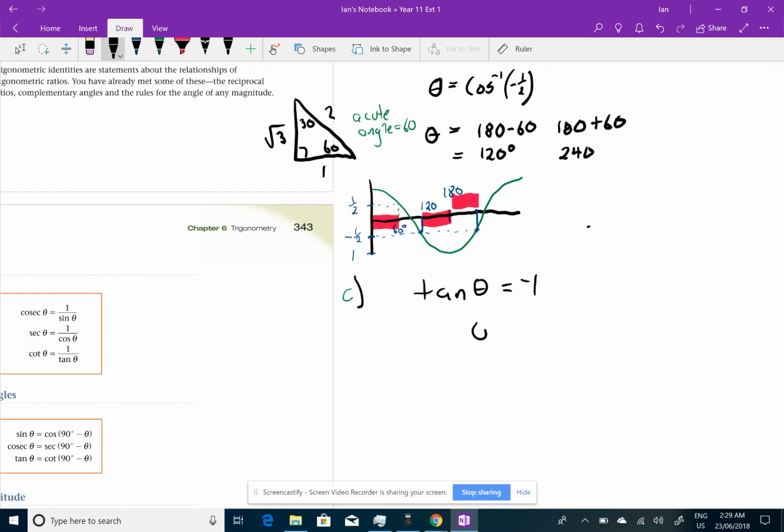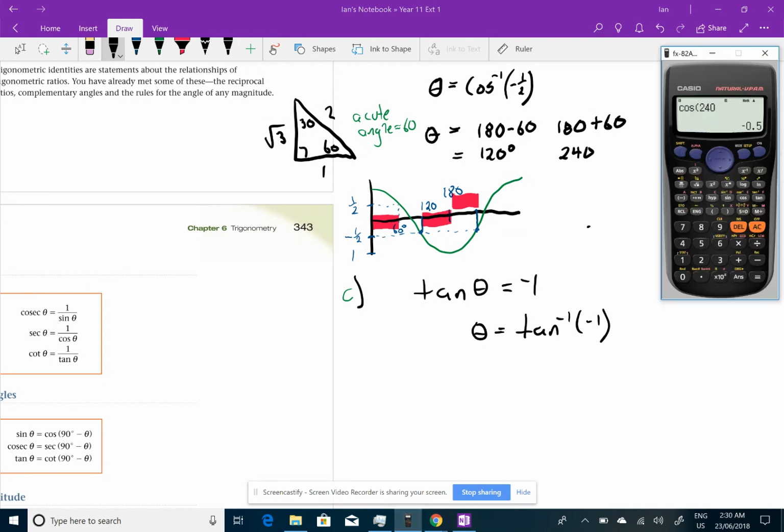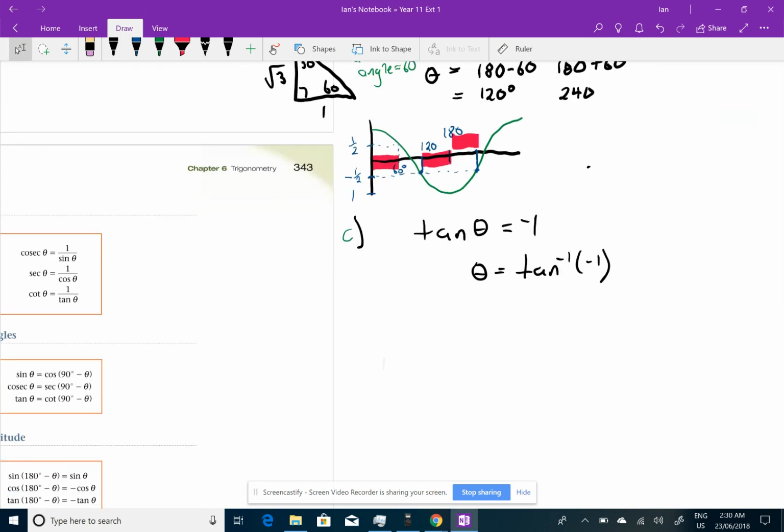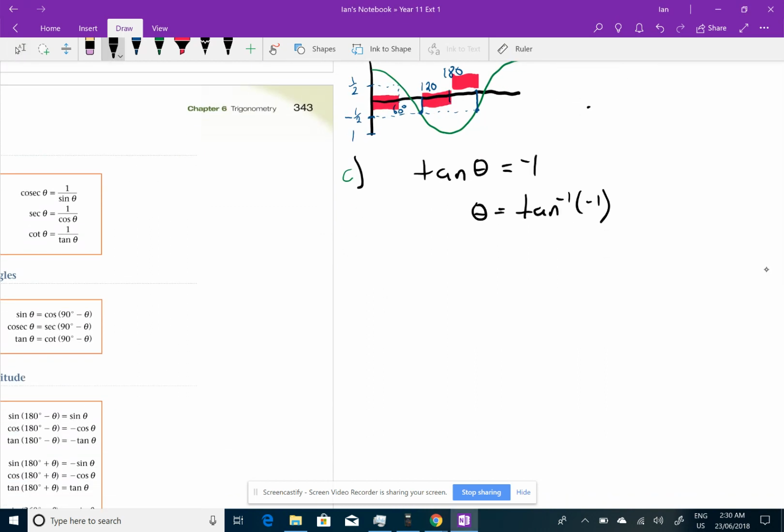Well, let's see what happens when I put it in my calculator and go inverse tan of negative 1. So shift tan of negative 1. I get negative 45. What's going on? Well, let's have a quick look at the tan curve.